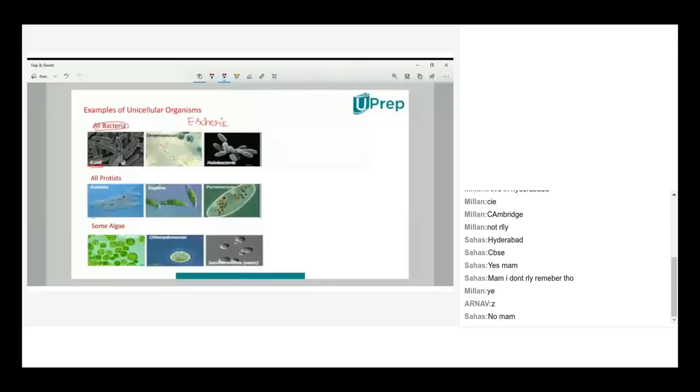Then streptococcus, which I already gave. Then staphylococcus, that also I gave. So all these are bacteria names. Then halobacteria. These are the different bacteria which are unicellular. We are talking about all unicellular organisms.